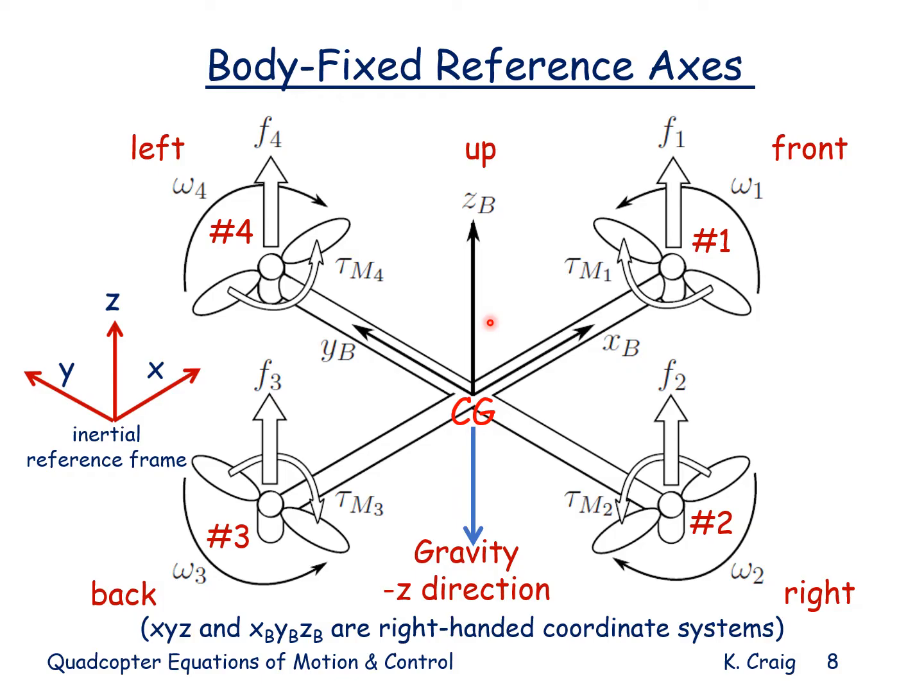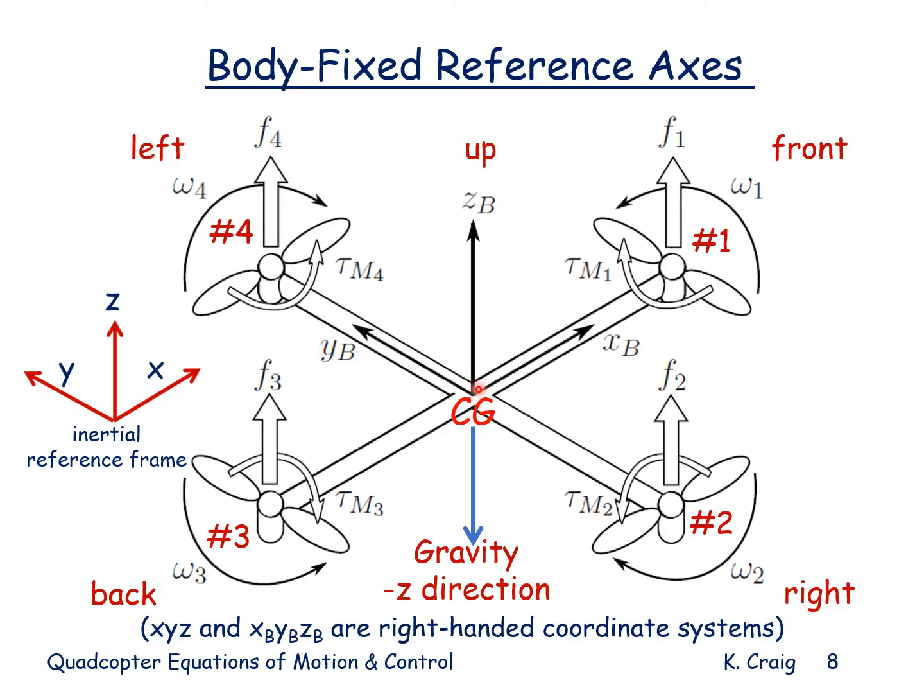They are aligned now with the inertial reference frame. The center of the body-fixed reference axes is at the CG, center of gravity of the quadcopter frame, which is the geometric center of the quadcopter frame.